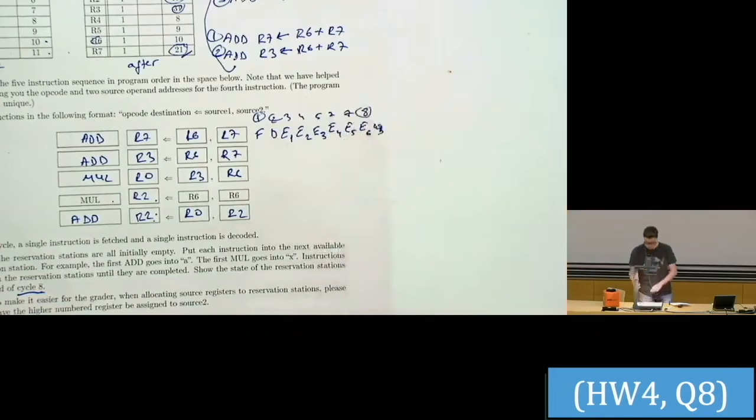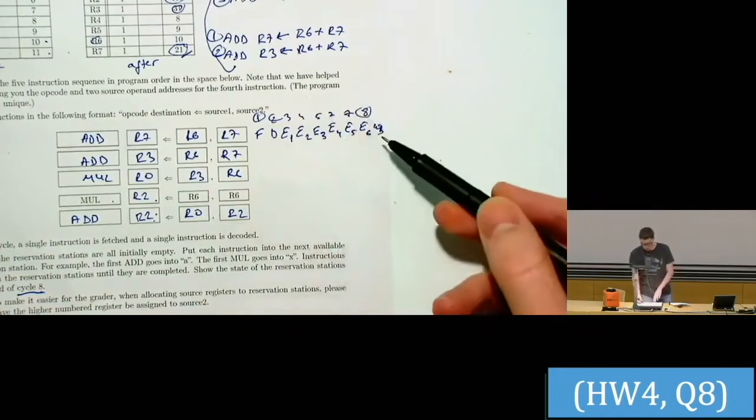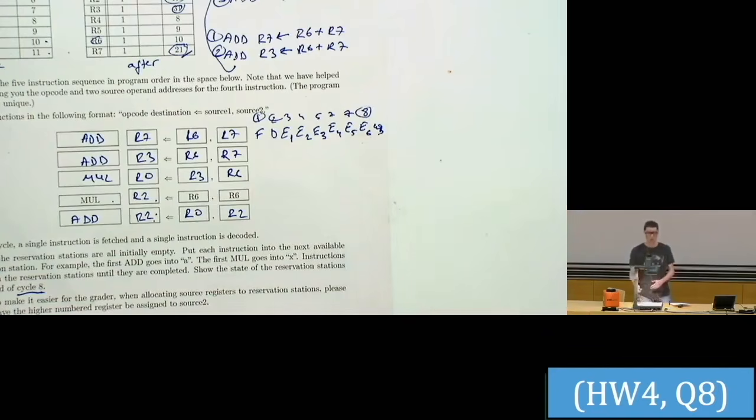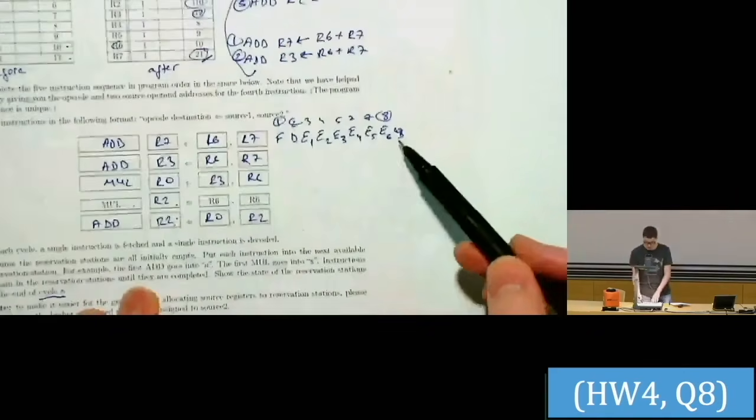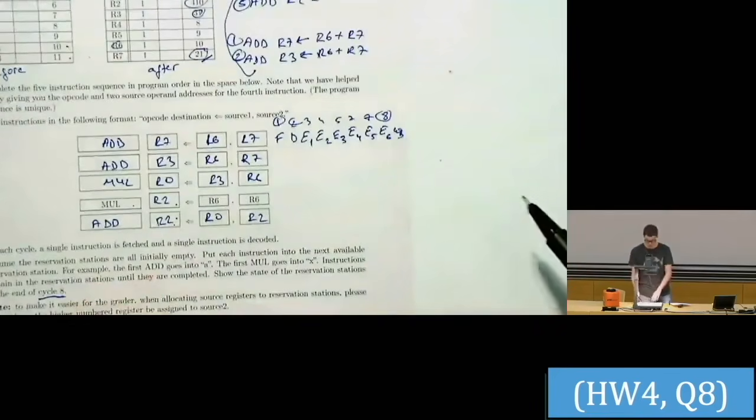Okay, so cycle 8 is where we are in the last stage of execution for the first instruction. Okay, so then at the end of cycle 8, we have no updates in the register table, right? In terms of final values here, because we didn't perform any write back yet for any of the instructions.